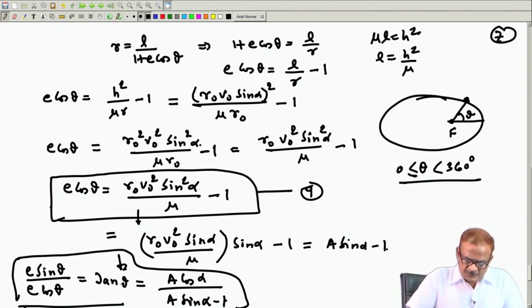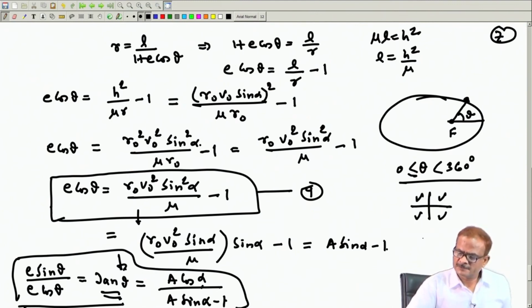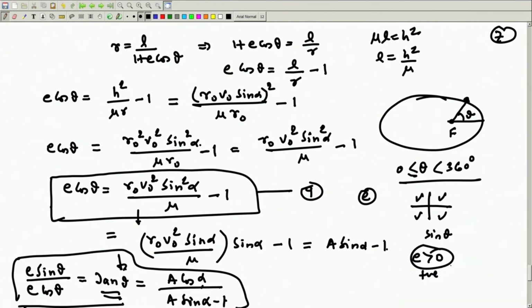So, if you use only this equation, you will have a problem: whatever value you get, it could lie in this quadrant, this quadrant, this quadrant or this quadrant, between 0 and 360 degrees, and the values repeat. Okay. So, that is resolved using the sign of sin theta, because E is always positive, okay. E is always greater than 0, it will be 0 only for the circle case.